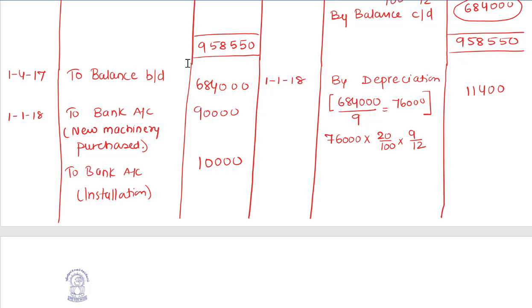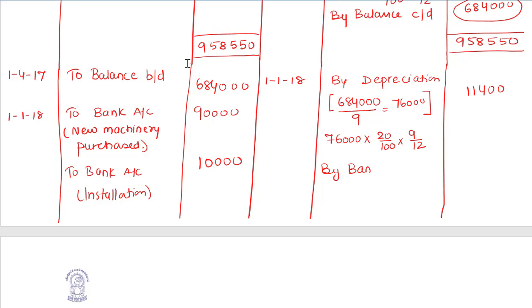Now we have sold this machine at a loss of 10%, and we have calculated the depreciation also.